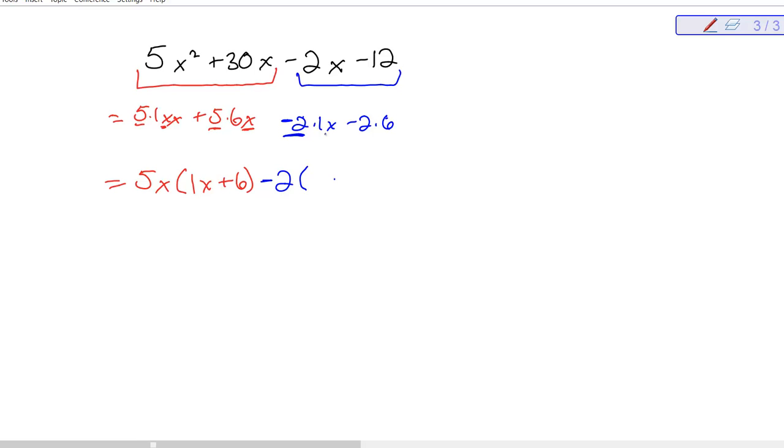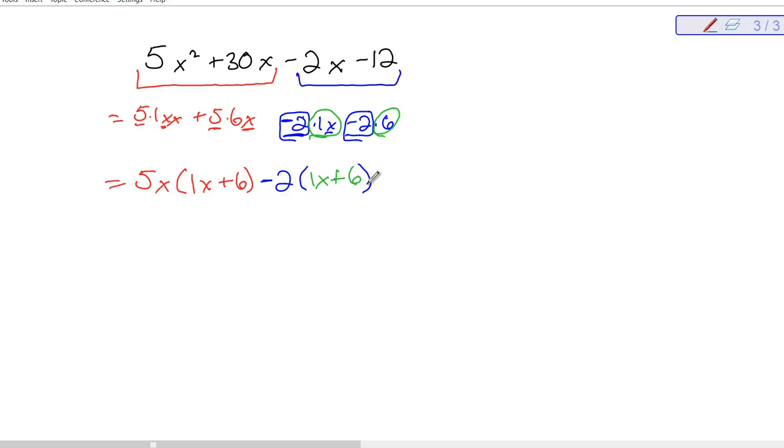When I do that, that takes this number and it takes this number. So that leaves me with a 1x, and it actually leaves me with a positive 6. Because it's the same thing as I'm dividing this negative 12 by a negative 2. Negative divided by negative gives me a positive.